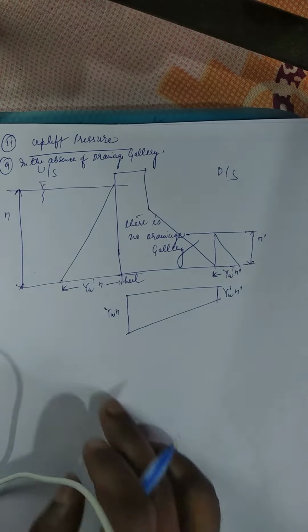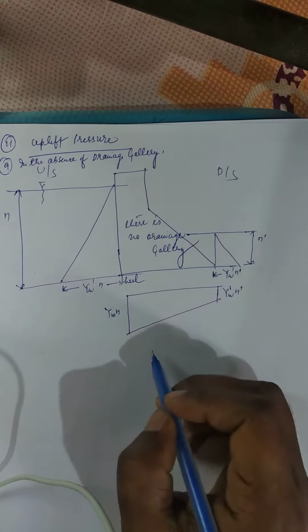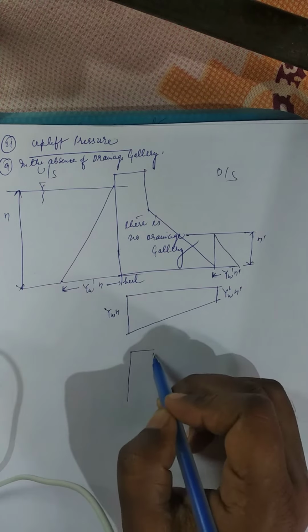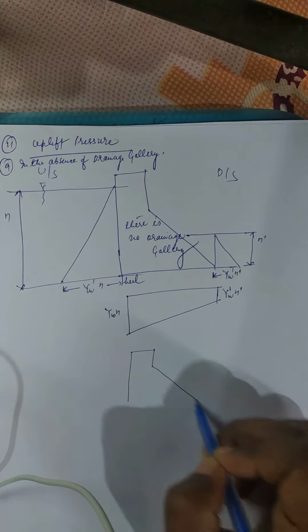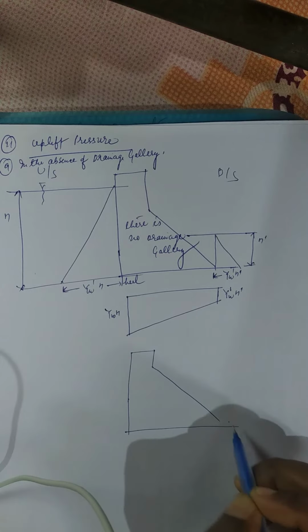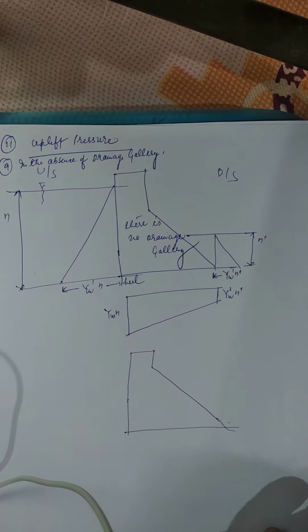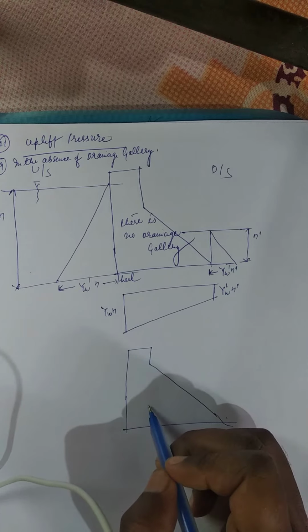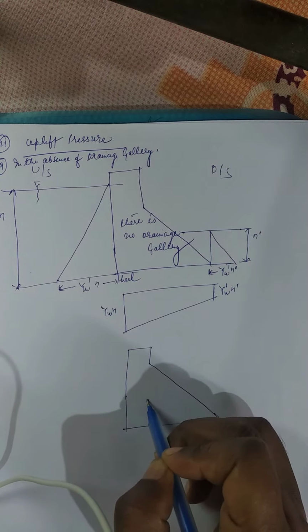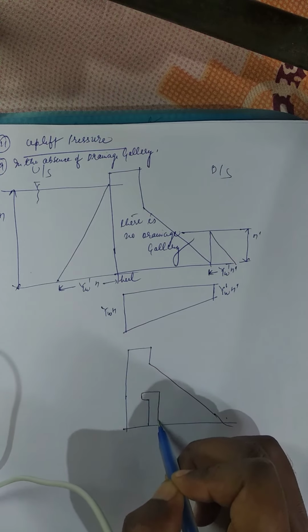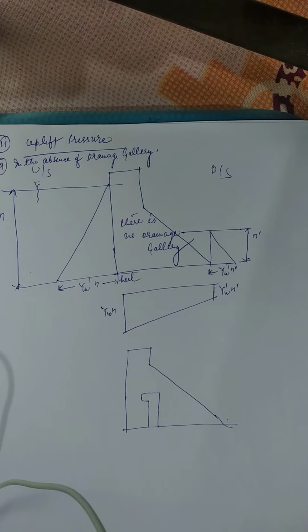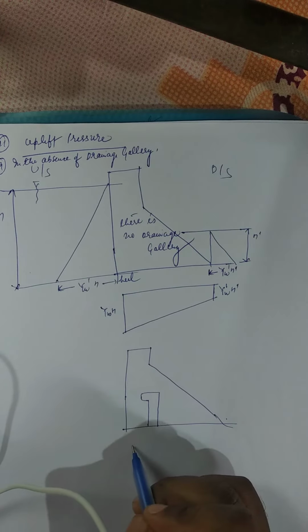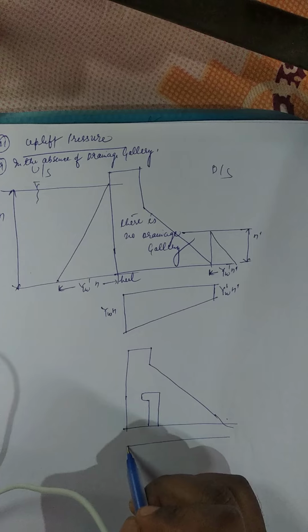And suppose if a drainage gallery is present, one second, we'll draw the sketch of the gravity dam. If the drainage gallery is present over here, the pressure variation will be like this.